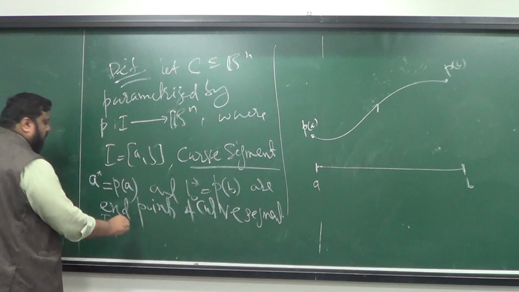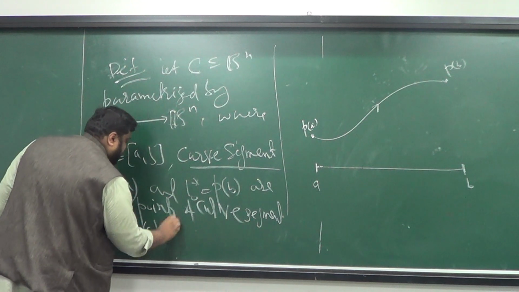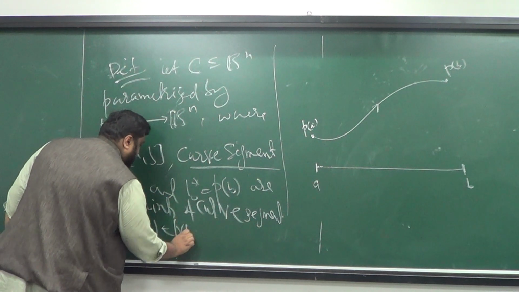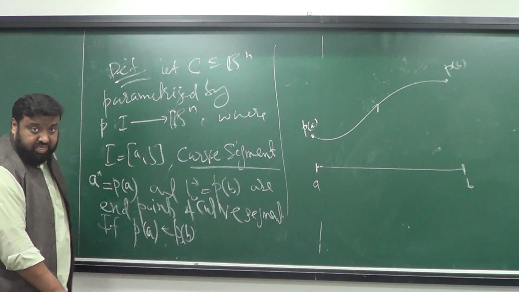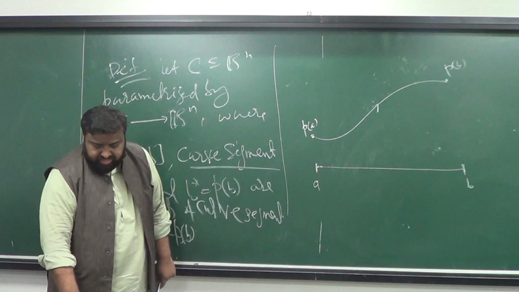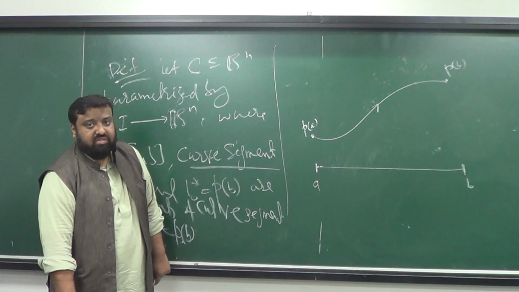How would the curve look if this P of A is the same as P of B? Imagine I have a curve. It's going to be a loop, it will close.